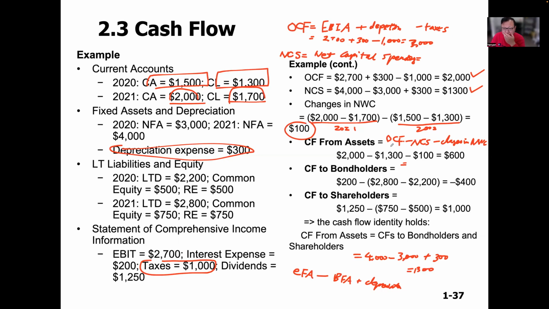OCF, that's 2,000, minus net capital spending 1,300, and minus the change in net working capital. So that is 100. So together we get 600.